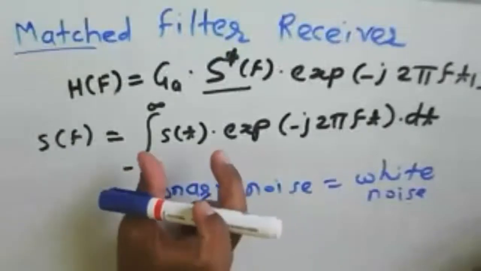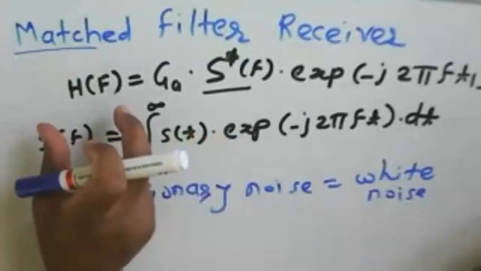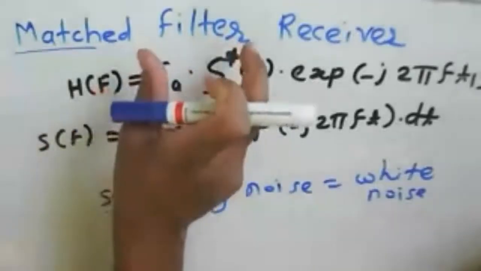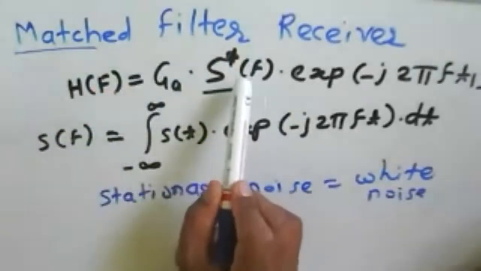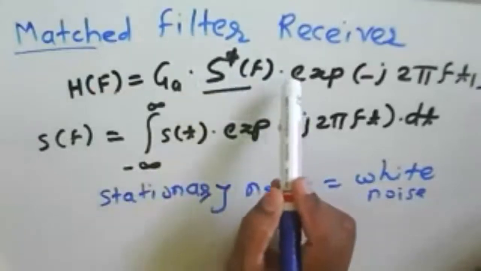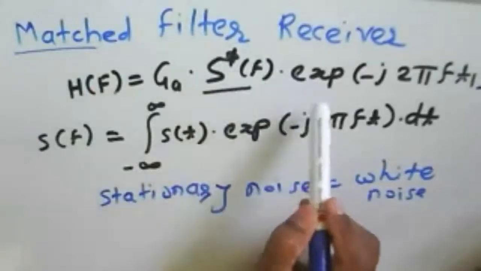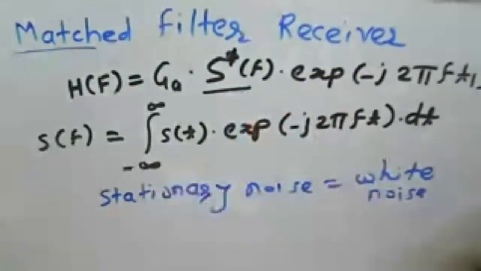So we are using here H of f for the given particular filter, which is a complex conjugate of the spectrum of the received signal. And its waveform is nothing but the exponential, which is about the phase of whatever signal there is.